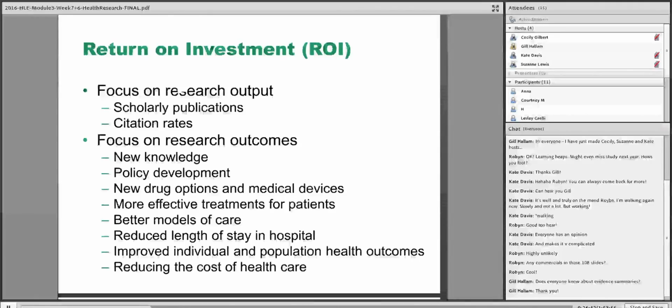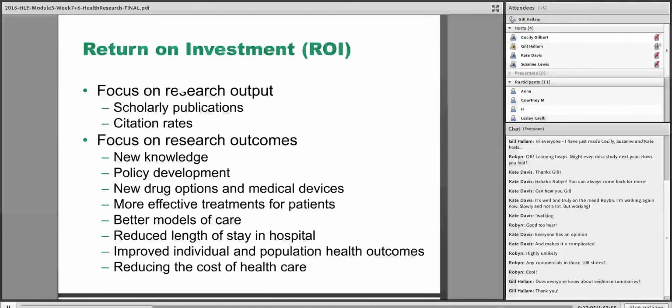In terms of the return on investment, okay, so why do we do it? What do we get out of it with all of this funding? Traditionally, the focus has been on research output, on scholarly publications, and those of you working in academic libraries are only too familiar with all of this. But there's also a growing interest in the impact of the research, the outcomes of it.